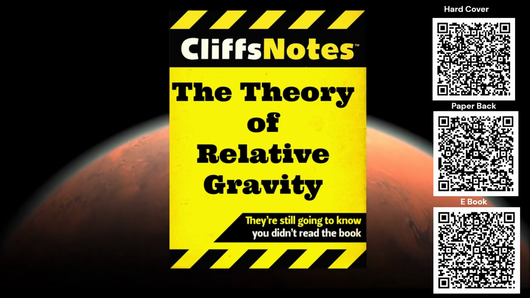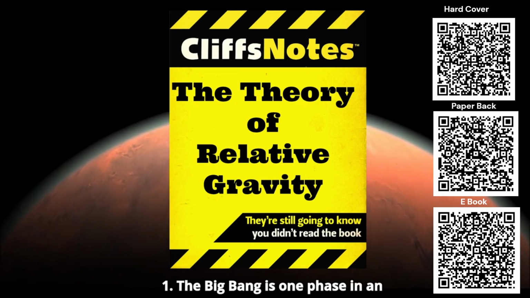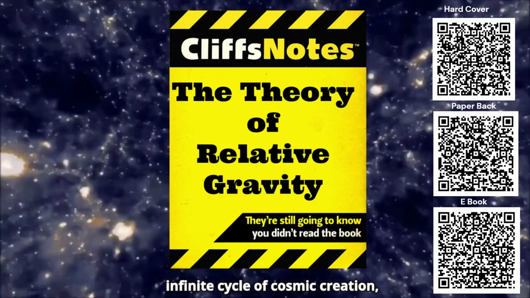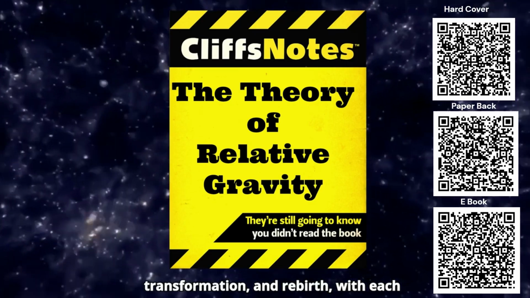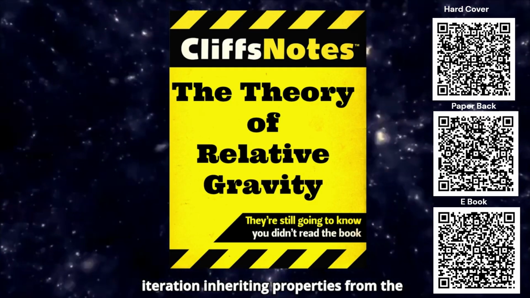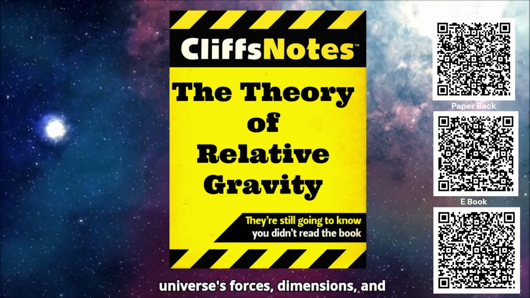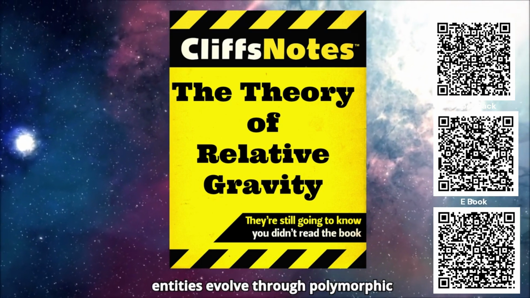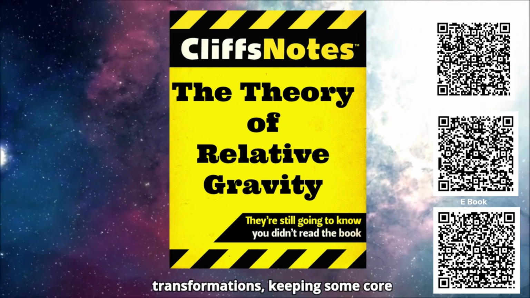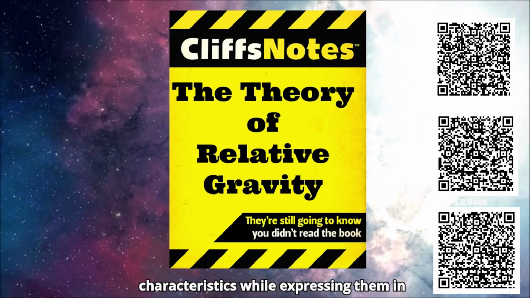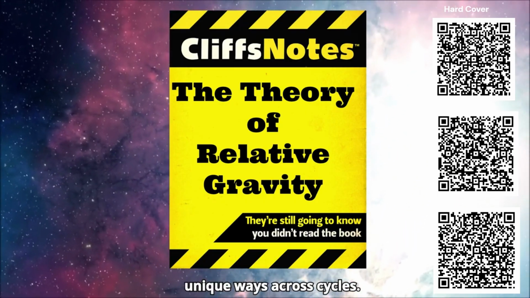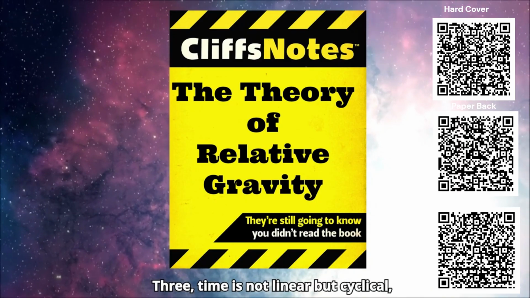In this view, 1. The Big Bang is one phase in an infinite cycle of cosmic creation, transformation, and rebirth, with each iteration inheriting properties from the last. 2. The universe's forces, dimensions, and entities evolve through polymorphic transformations, keeping some core characteristics while expressing them in unique ways across cycles. 3.